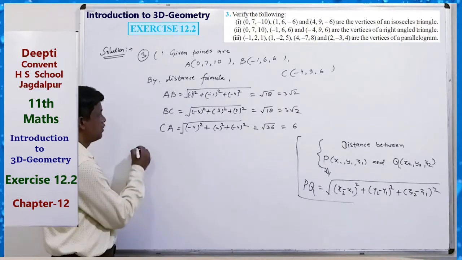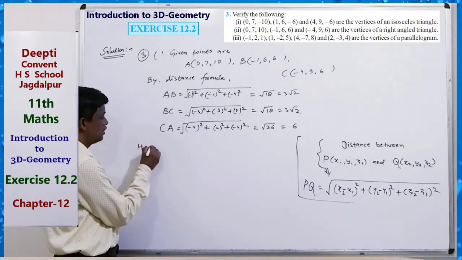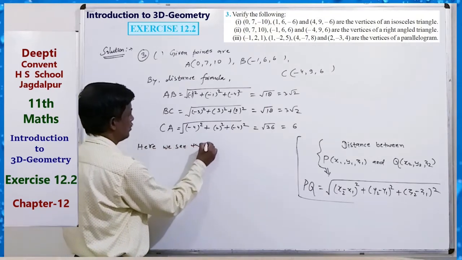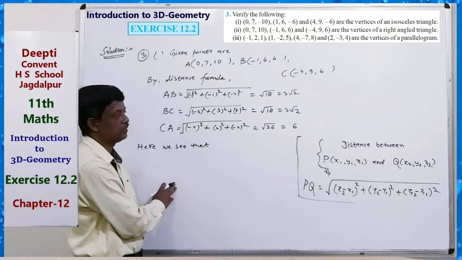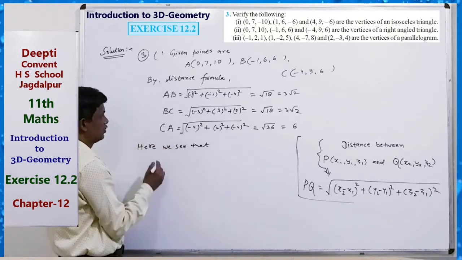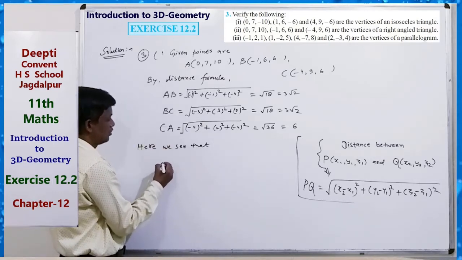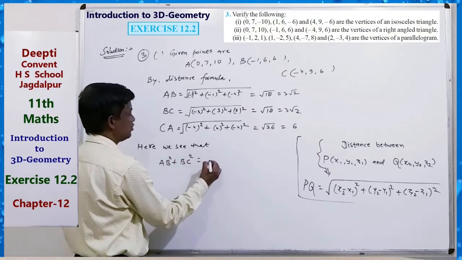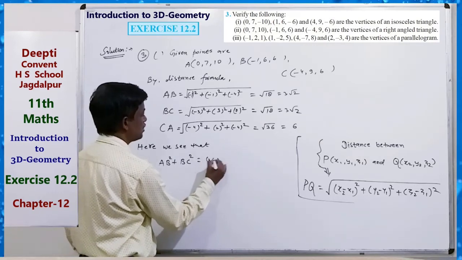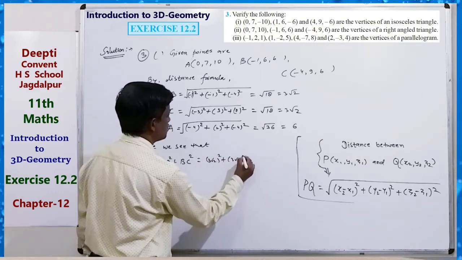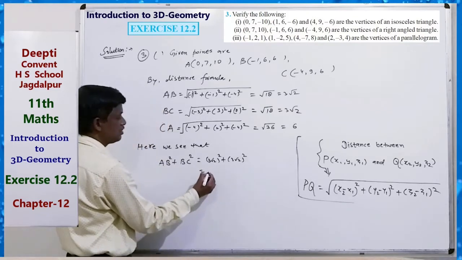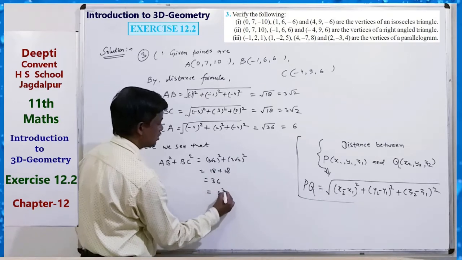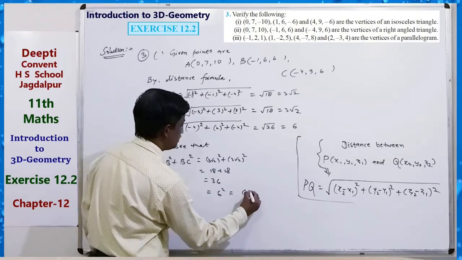Here we see that AB square plus BC square equals (3 root 2) square plus (3 root 2) square, which equals 18 plus 18 equals 36 equals 6 square equals CA square.